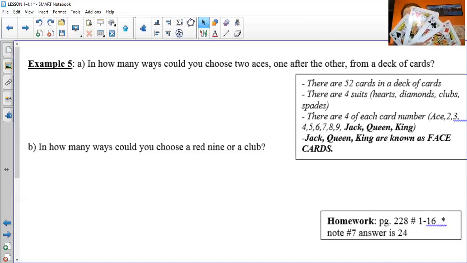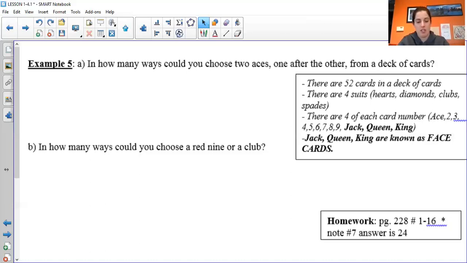We start with ace, so it has a little A. So here's my ace of spades. Okay. So how many ways could you choose 2 aces, one after the other from a deck of cards?